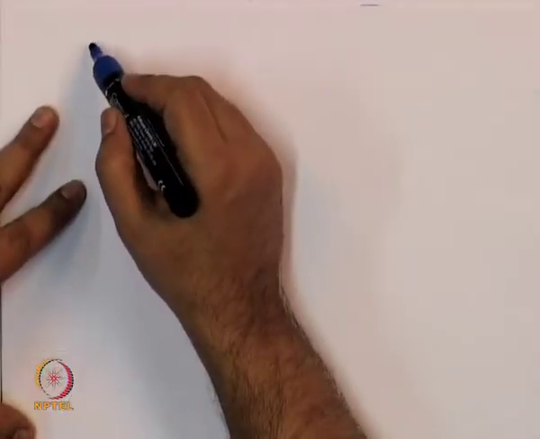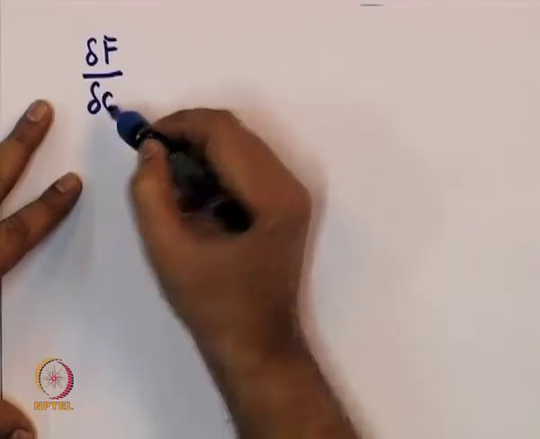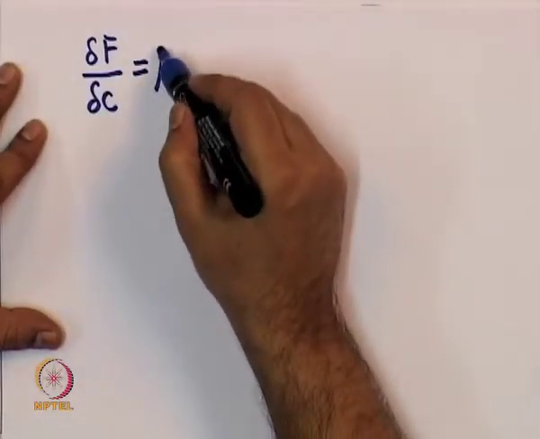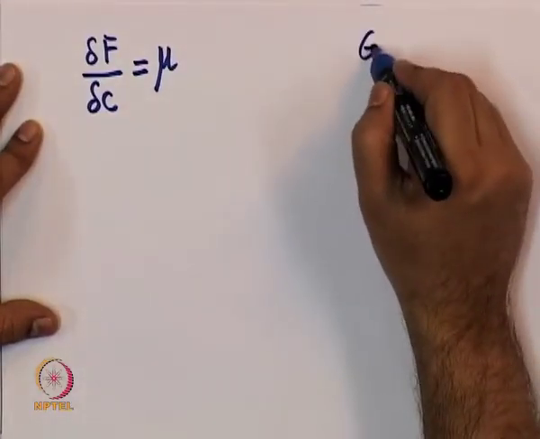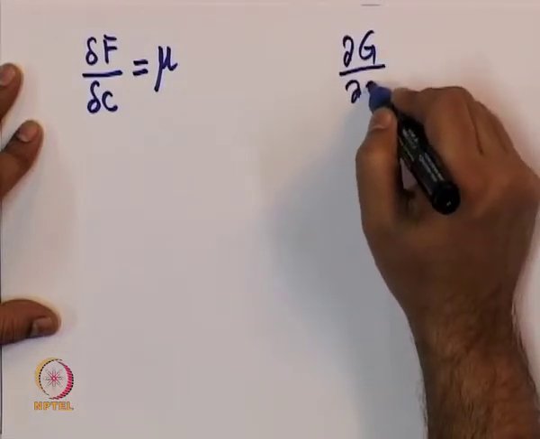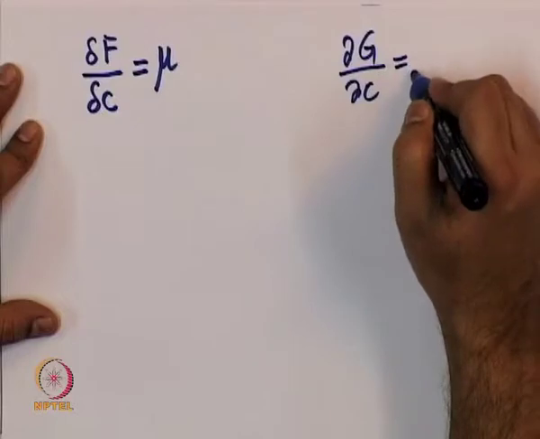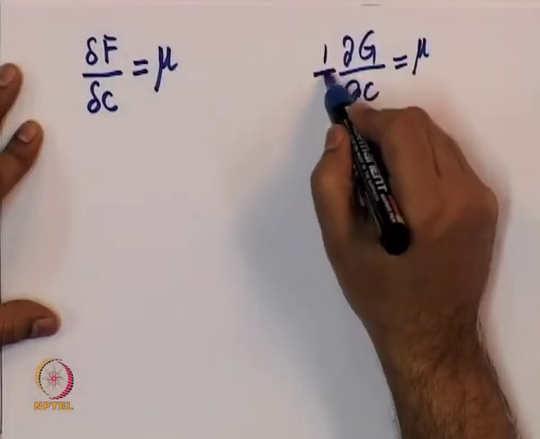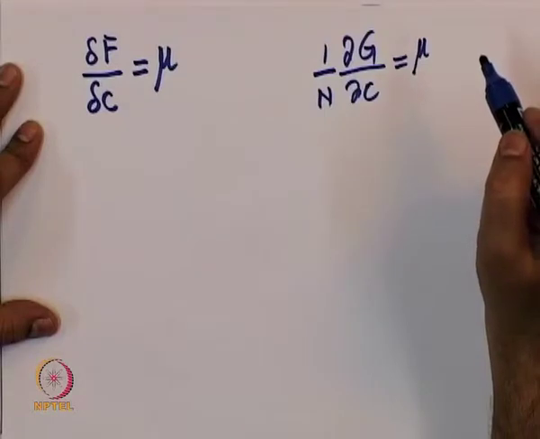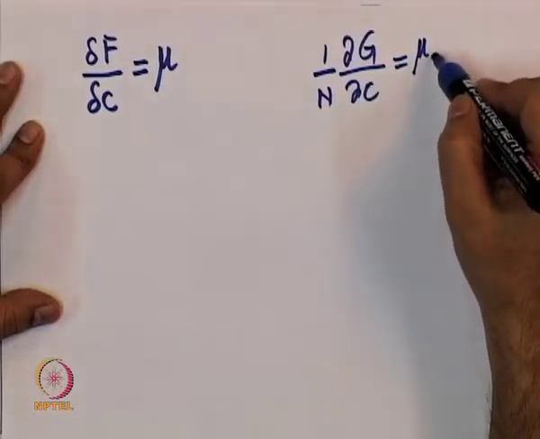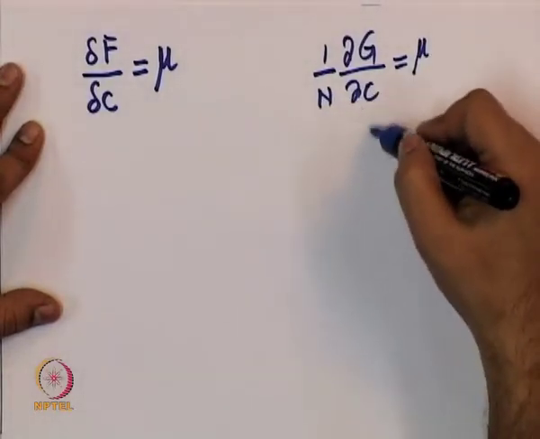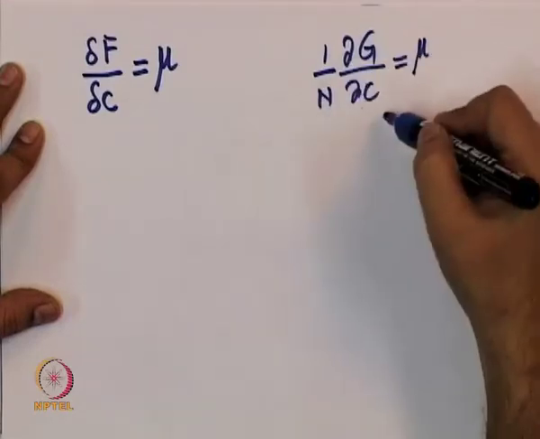So, we can write the Euler Lagrange equation. The minimization of free energy means that you can take the variational derivative of f with respect to C. This quantity is nothing but the chemical potential, because remember, if g is a function, then ∂g/∂n is mu. Putting 1 by n and multiplying by n, that becomes C. That is the reason.